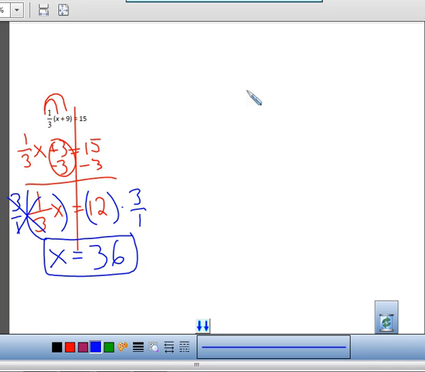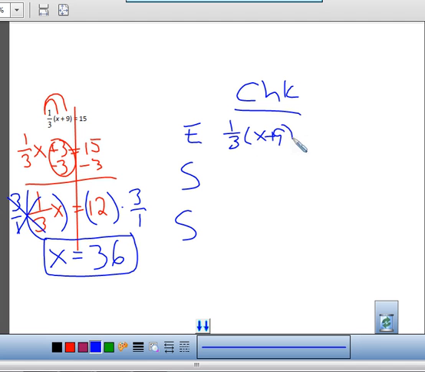Easy peasy. So, really quick, let's do the check. If I'm going too fast, remember you can always pause the video or re-watch it if you need to. Check. Rewrite the original equation. Sorry, I got a little sloppy there. Now substitute the values in.